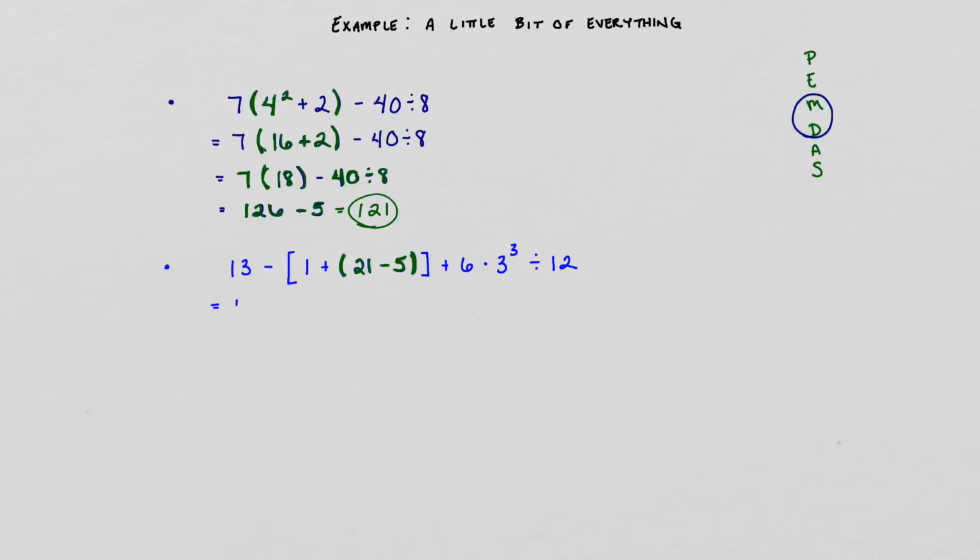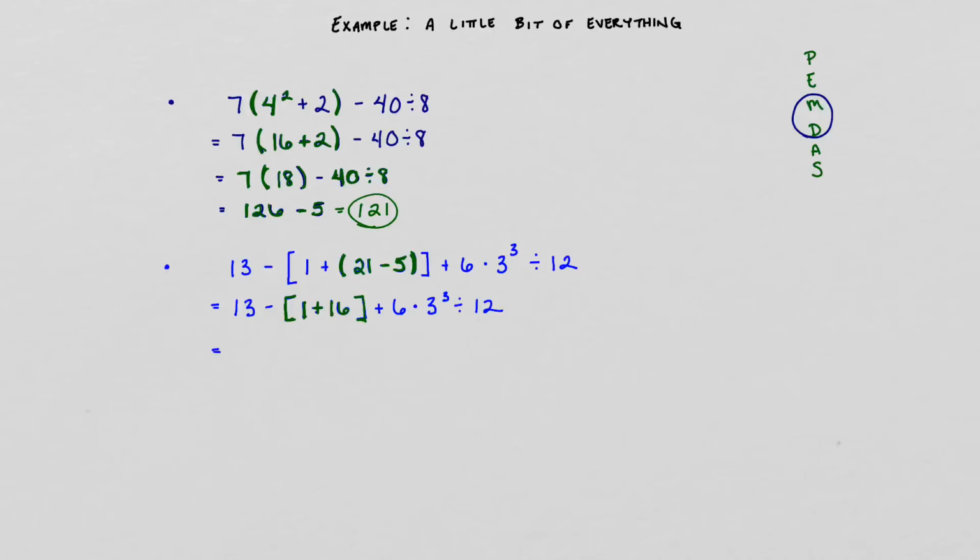For our next line, we'll have 13 minus the quantity of 1 plus 16, plus 6 times 3 cubed divided by 12. Again, we refer to our checklist, and we still have parentheses here, so my focus is going to be on the next set of parentheses.